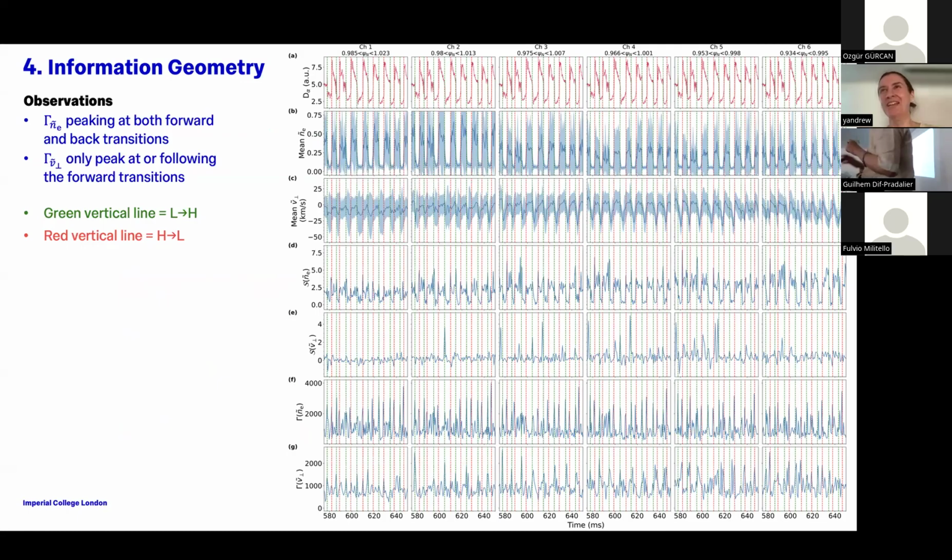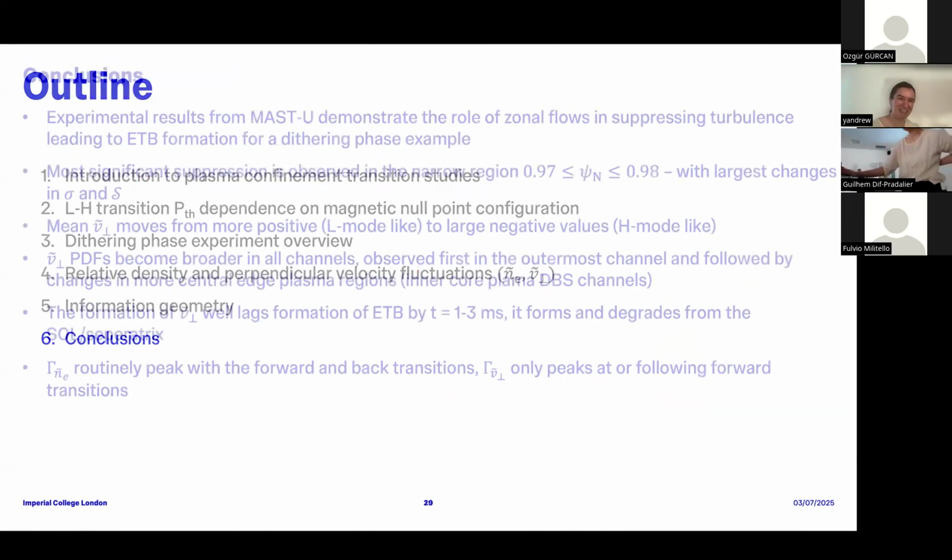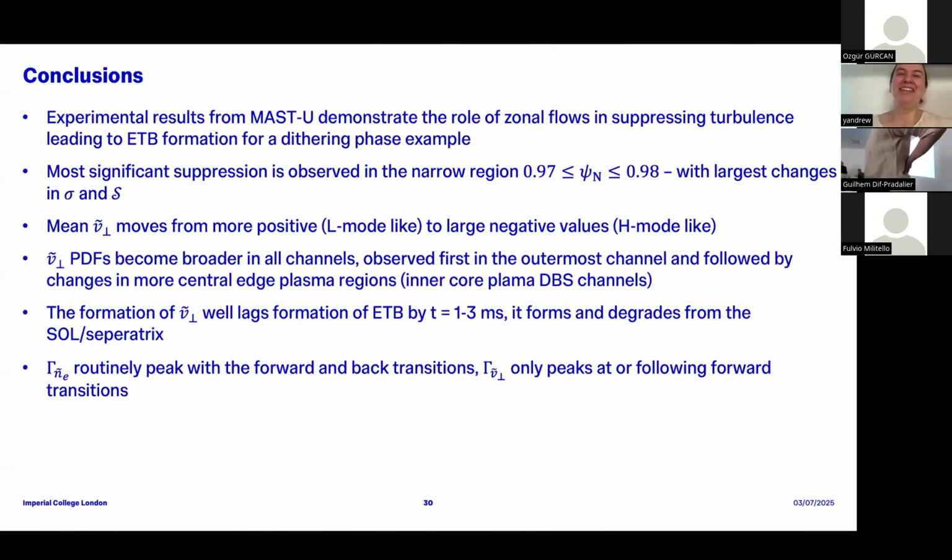It's not just a couple of cycles. So we can firmly say that the information length reveals very interesting separation in statistical space of the regions in which we're measuring, and these do not match up. Here is the information length in the relative density fluctuations, and here we have it in the perpendicular velocity. They're kind of inverted, but I won't go into it because I can see that I need to go.